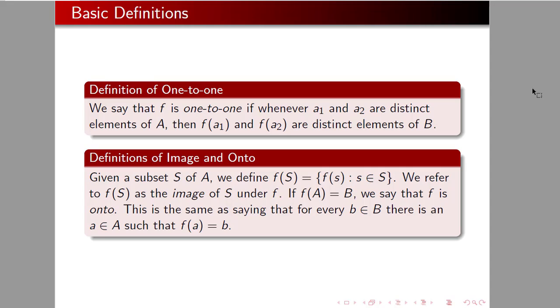So if f of A is equal to B, if f takes the domain exactly onto the range, we say f is an onto function. This is the same as saying that for every b element of capital B, there is an a element of capital A such that f of a is equal to b.